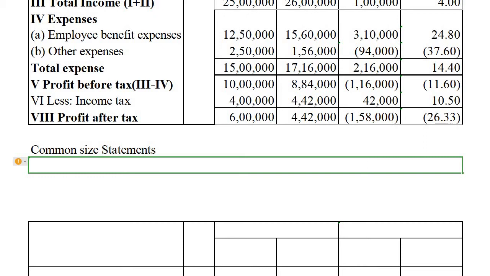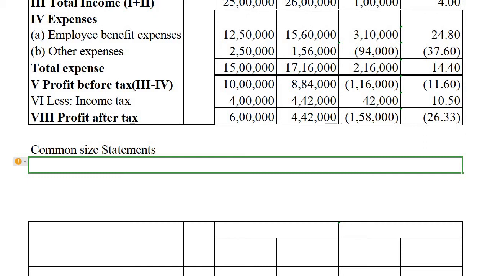Vertical analysis means a particular year's financial statements will be analyzed. It will not be for 2 or 3 years, but for a particular year only.